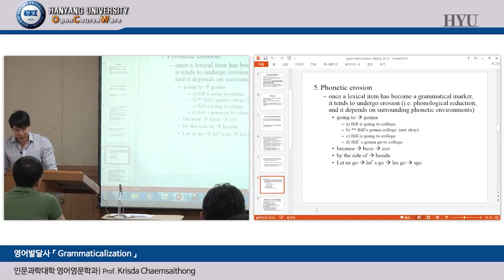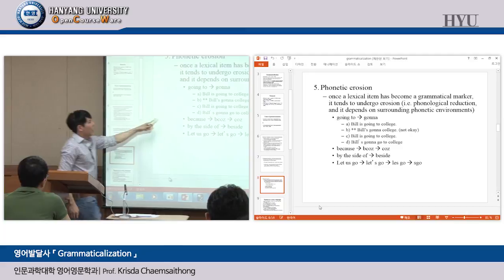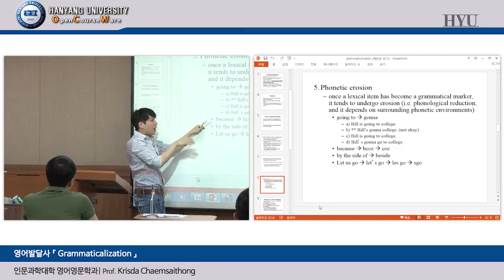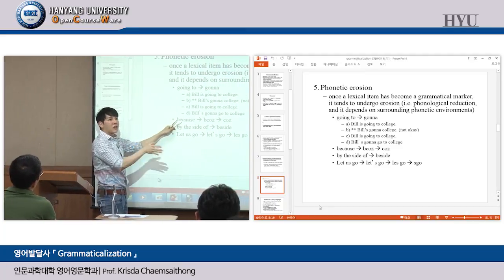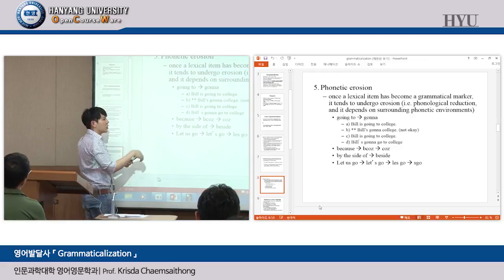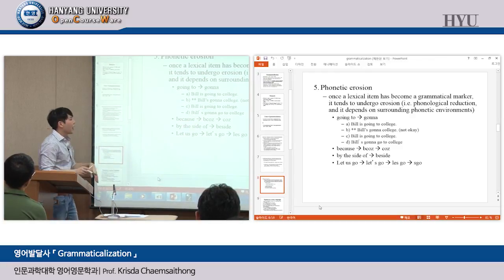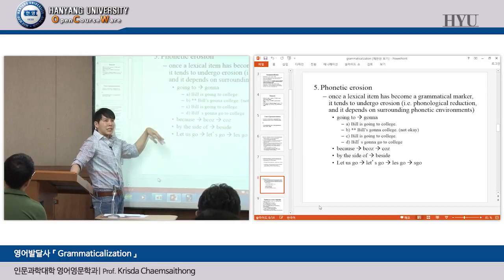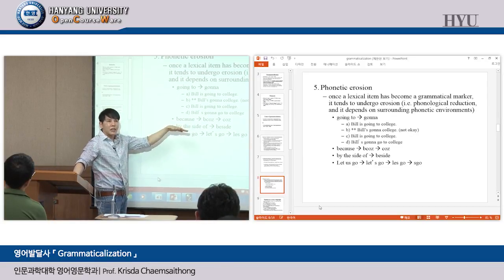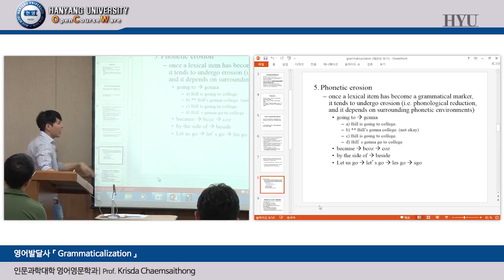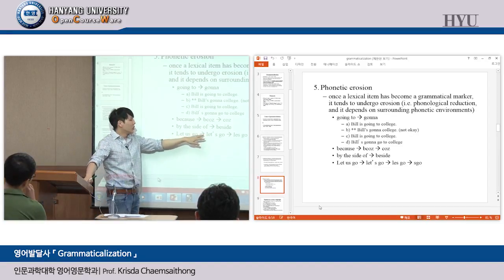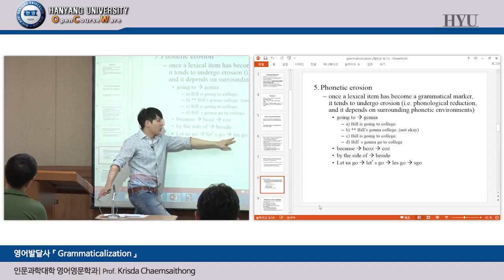Okay, so coming back to the slide, "by the cause of" to because, and then it can undergo further phonetic erosion, 'cause or cause, right? So phonetic erosion. "By the side of," again just like "by the cause of," becomes beside. Let us go, to let's go, to let's go.